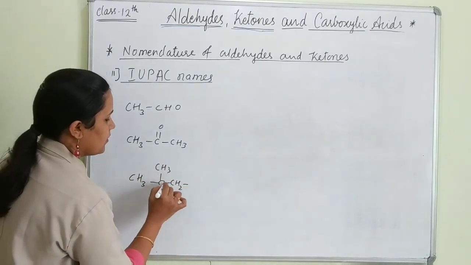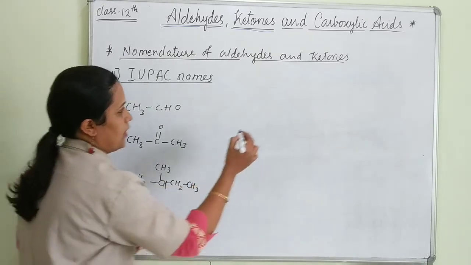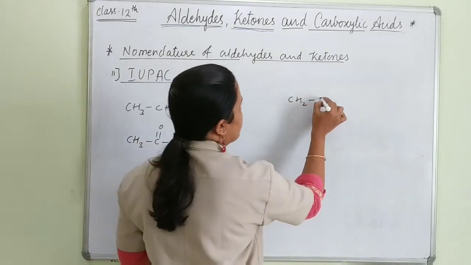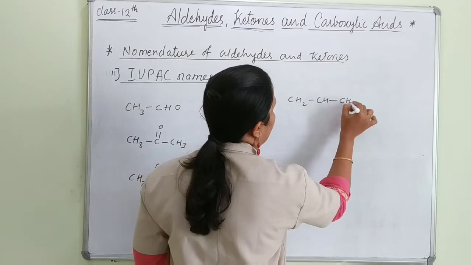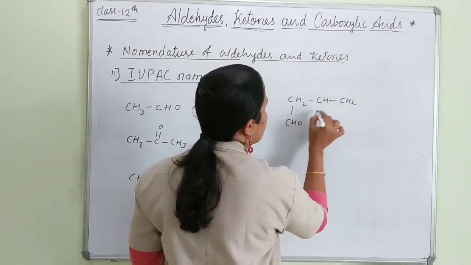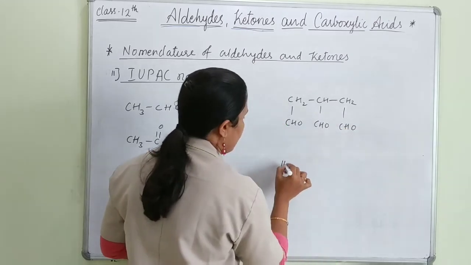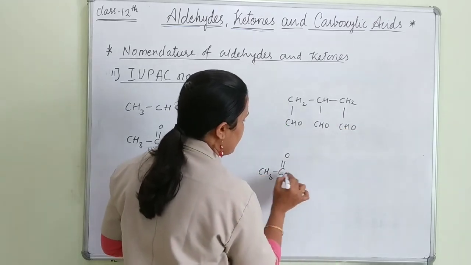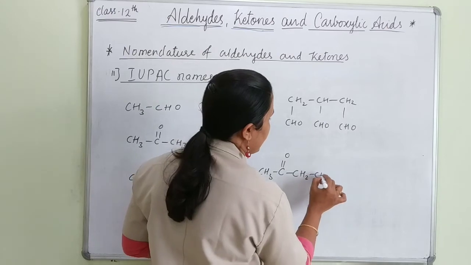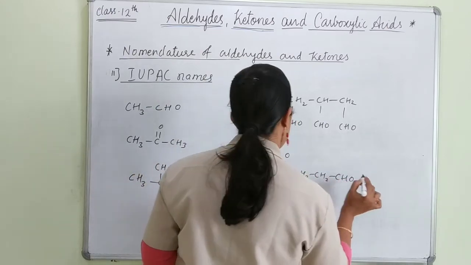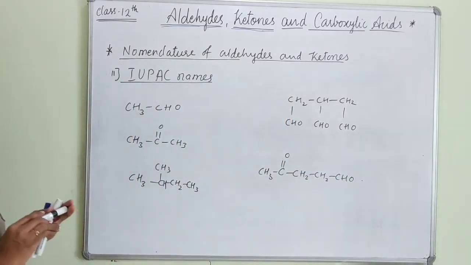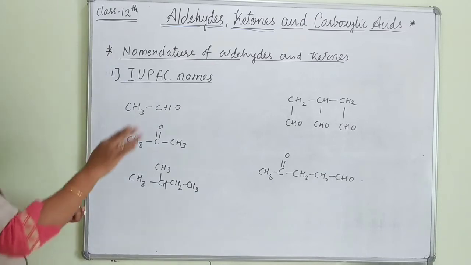Now here I am taking another example, CHO, CHO, CHO. And if in any compound both groups are present, then how to write its name, that also I will be explaining. Okay, now let's start with the IUPAC names of these few compounds.